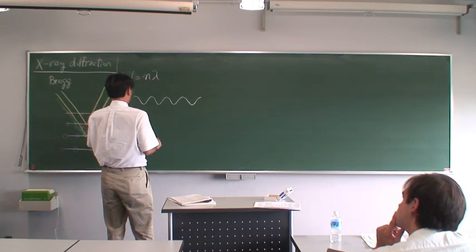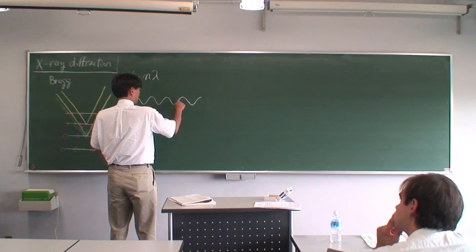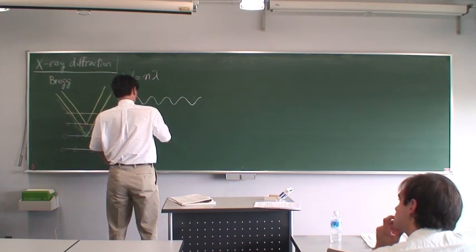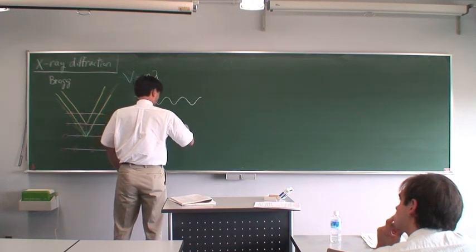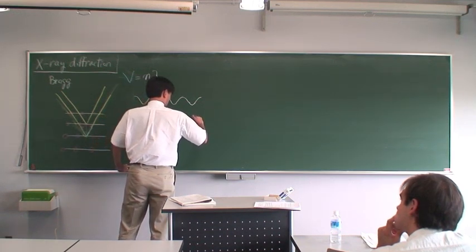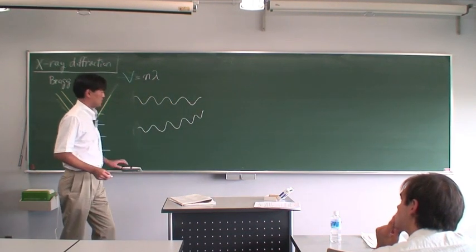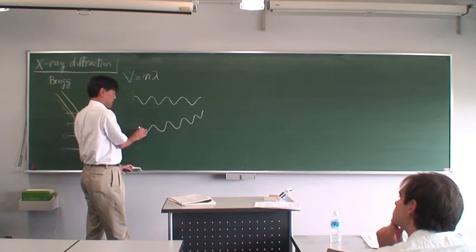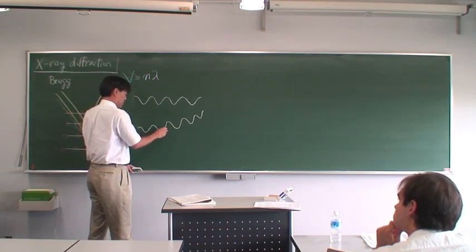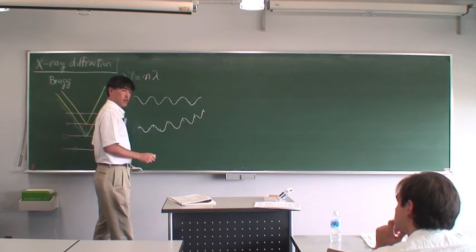I start from here. 1, 2, 3. The bottom ray had 1, 2, 3, 4, 5 wavelengths.